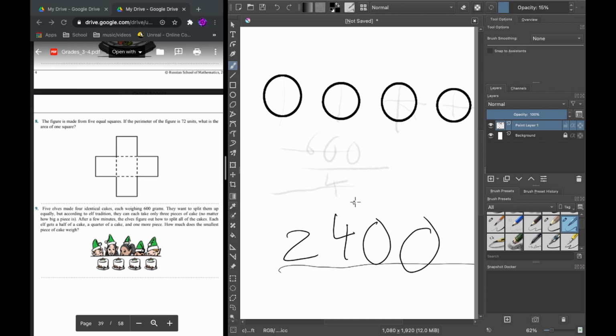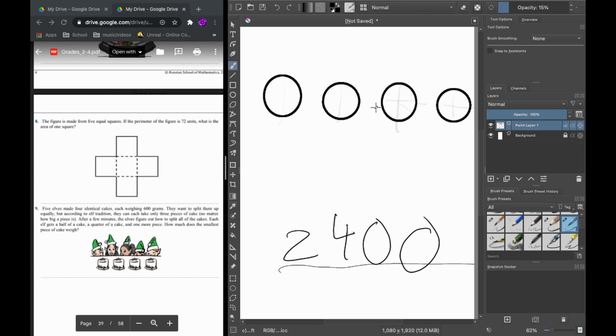So, what you would get here is 150, right? Yeah, 150. So now you would do 150 divided by 2, wait, no, it's actually 150 divided by 4, right?